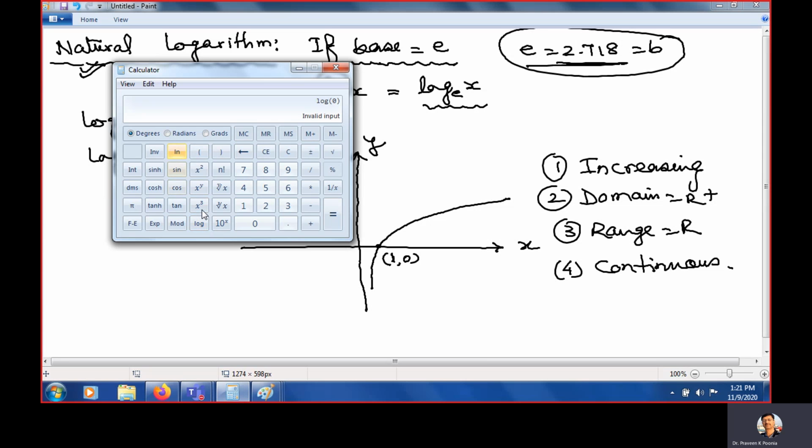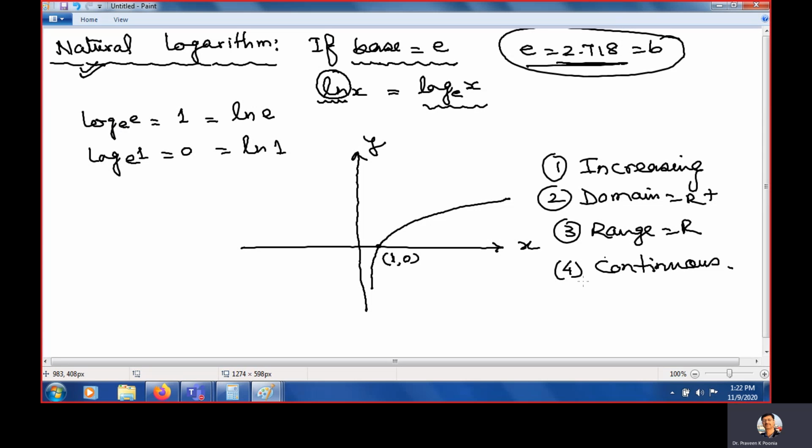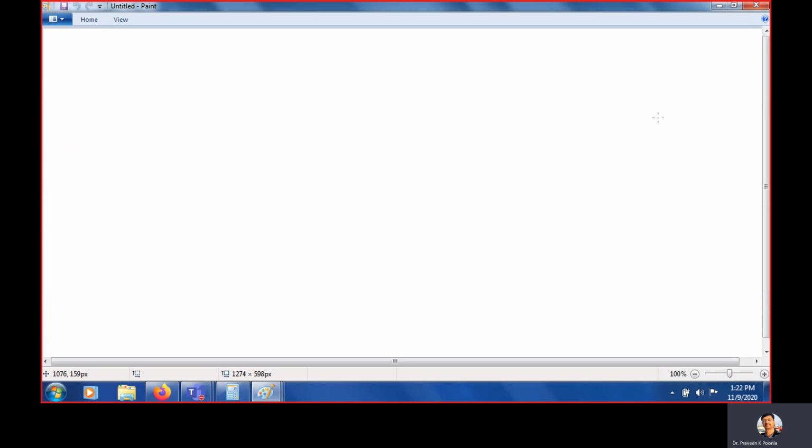Two different points are mentioned in your calculator. So you need to open your calculator and check where log is written, where ln is written. This is about how to calculate the value of log and ln through calculator.